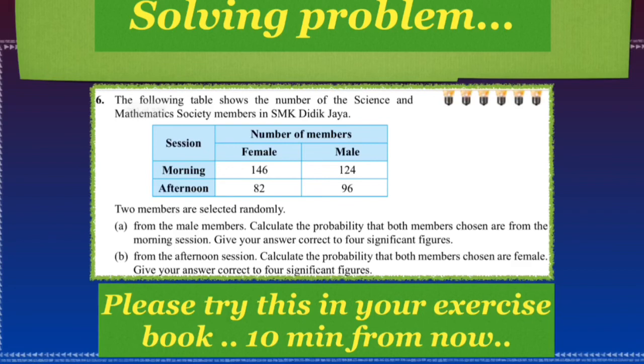That is the event, event female. So your answer has to be in 4 significant figures. Okay, this is a very good question for you to try. So I give you 10 minutes to do now. Enough? 10 minutes? More than enough. Okay, good try.